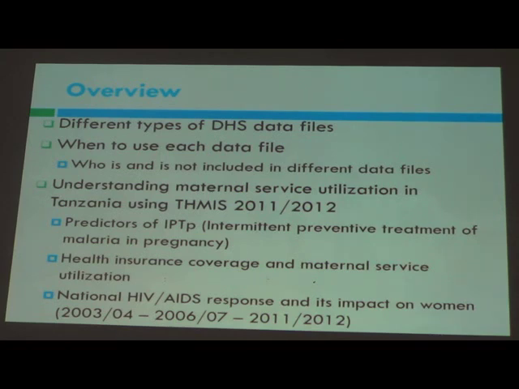And lastly, we look at the national HIV/AIDS response and its impact on women. This is done using demographic health surveys from 2003 to 2012. These are 3 different data sets that I used.